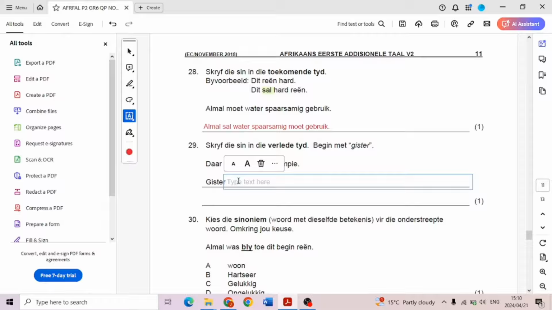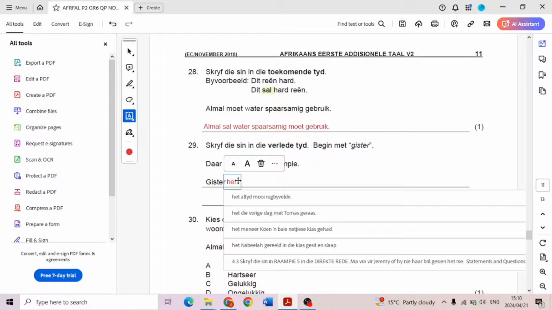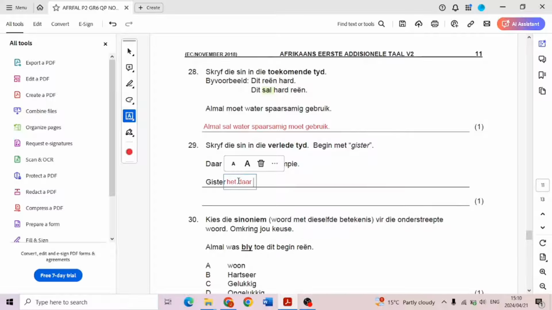So your verb two, meaning the word right after the subject, is supposed to be het. Gister het daar 'n stroompie gevloei. Okay, you have het, you also have ge, and that's what's super important here. 1 mark.